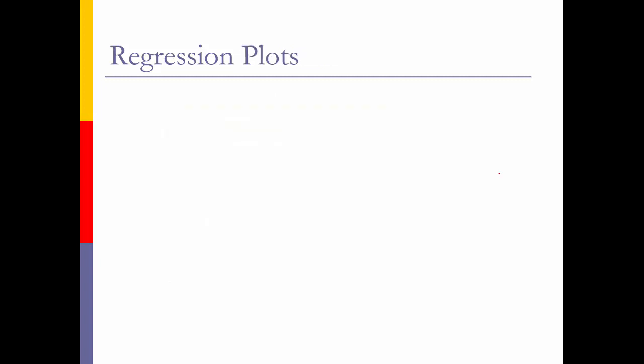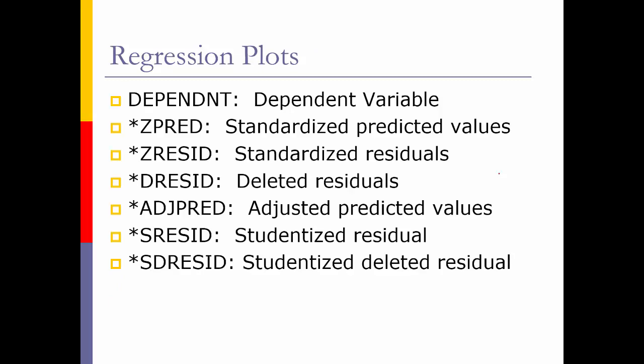And then on your regression plots, you're going to have a lot of information, and you could go ahead and save this information as well. So on regression plots, you've got to choose which one of these pieces of information do you want to plot. You're going to want to plot z-pred and z-residual against each other, and that's going to determine whether or not our assumption of random errors and homoscedasticity have been met.